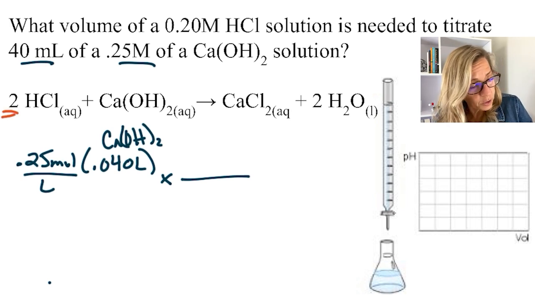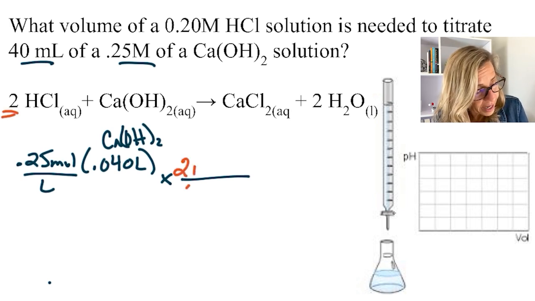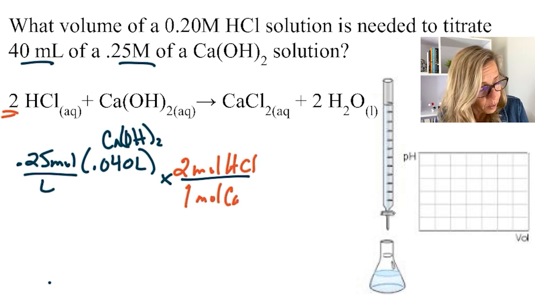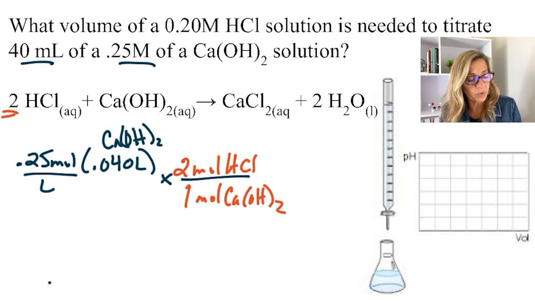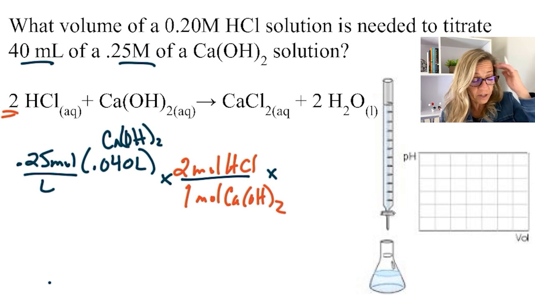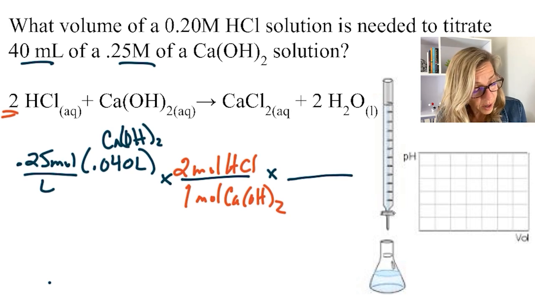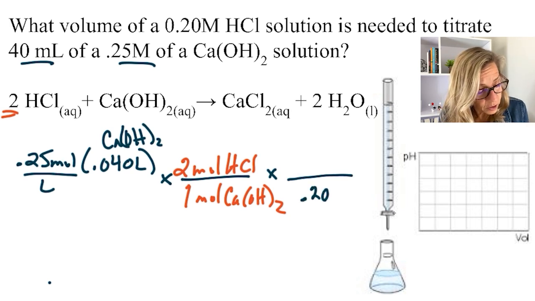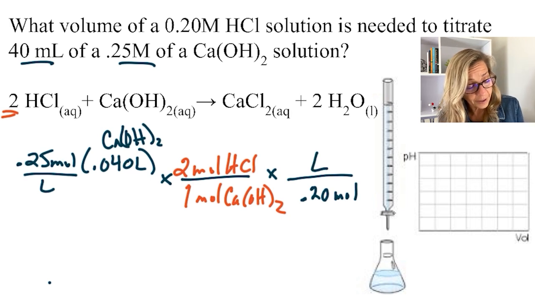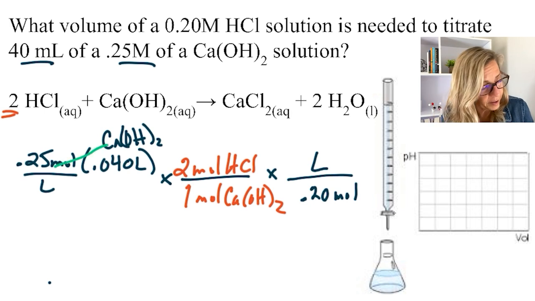So check out my stoichiometry right here. I've got 2 moles of hydrochloric acid for 1 mole of calcium hydroxide, because I am flipping over into hydrochloric acid. And then I know the concentration of my hydrochloric acid, so I want moles on the bottom. So 0.20 moles of hydrochloric per liter. All right, and when I do the math here, look what happens to my units.